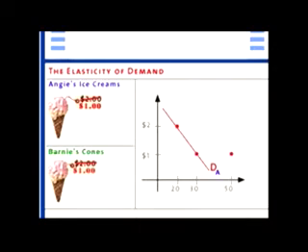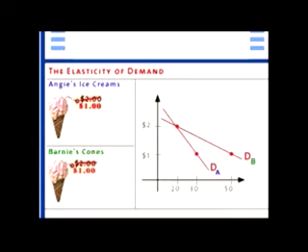That is, for a given change in the price of ice cream, Barney's customers will buy many more additional cones than will Angie's customers. When the price goes from $2 to $1 at the two stands, Angie's customers respond a little, but Barney's customers respond a lot.